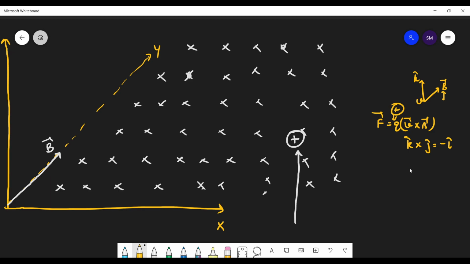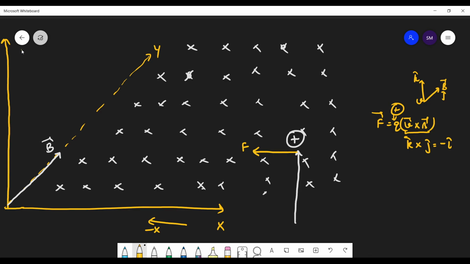So what will be the direction? This direction is your plus i cap, and this direction will be your minus i cap, right? So what will happen to it, students? See, the force is acting in the direction perpendicular to the plane of v and B. So what is your vB plane?